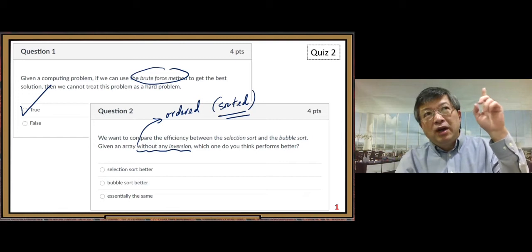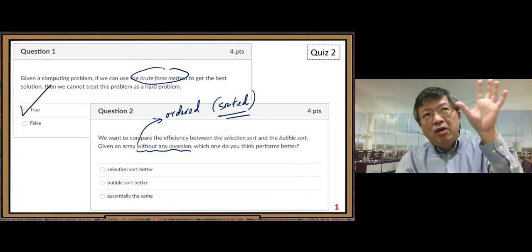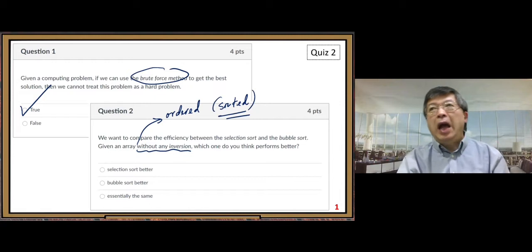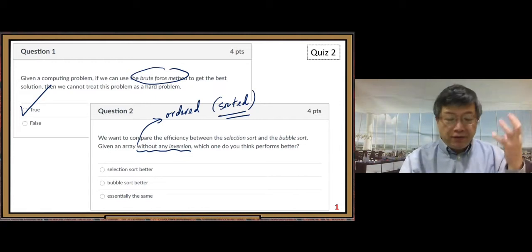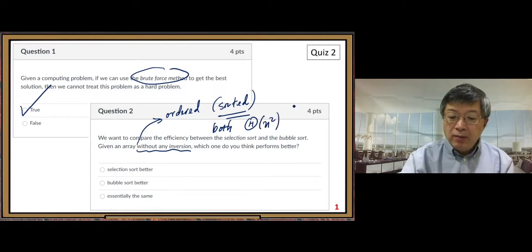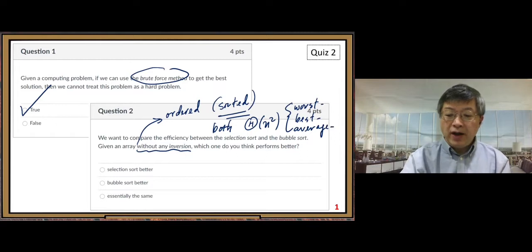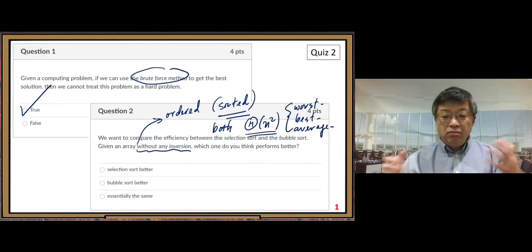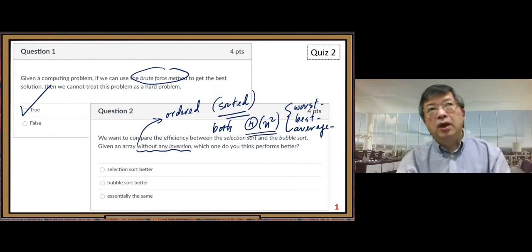First, when we compare these 2 algorithms, we know both have this property: big theta of n squared, and that's true for worst case, best case, average case. Both, right? So if you look at this, both the same.